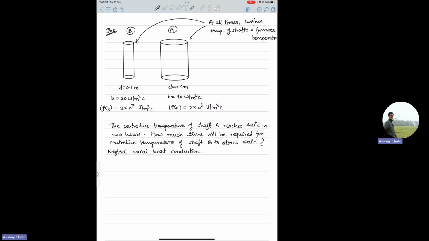So they are just saying that it's a radial conduction problem. There is no axial conduction. So basically this center line will be this, right?